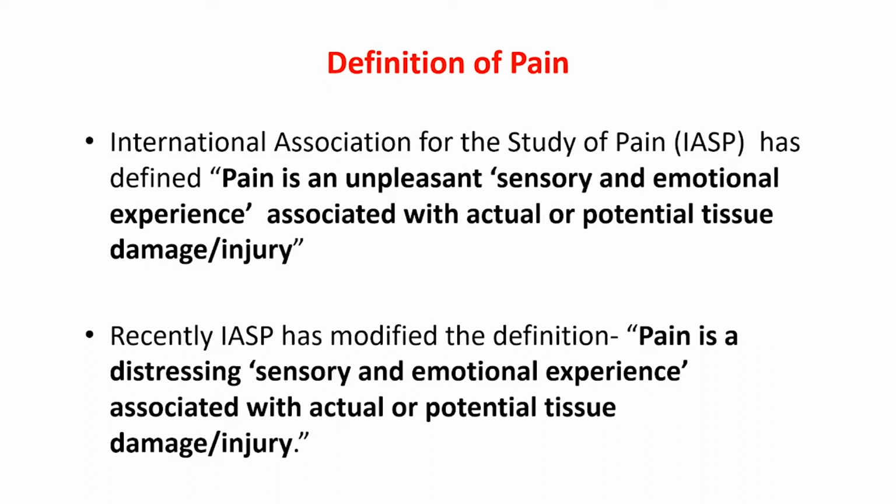The change is made only that unpleasant is removed and distressing is added. So now it is defined as: pain is a distressing sensory and emotional experience associated with actual or potential tissue damage.